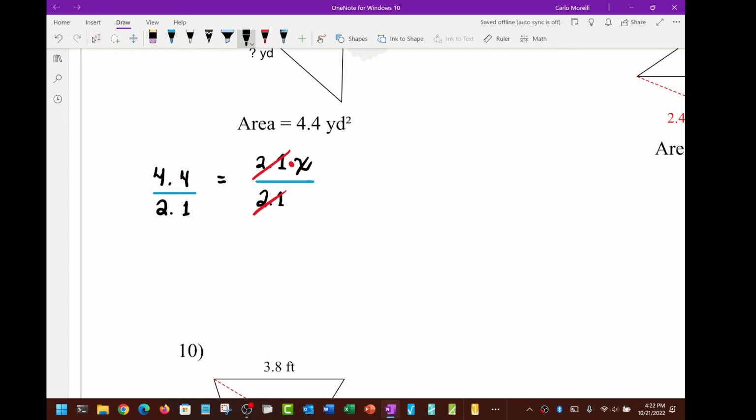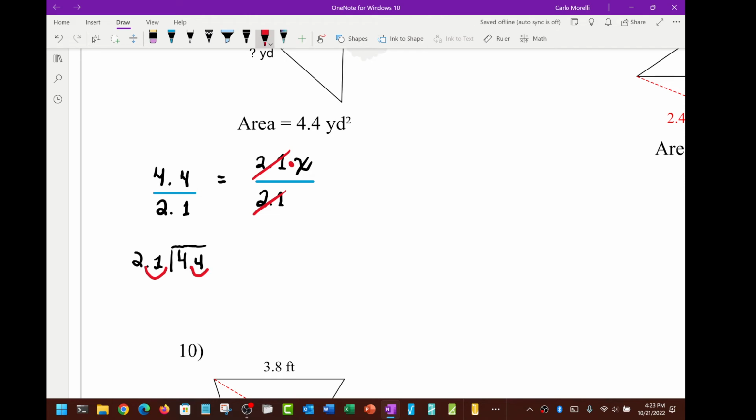Okay. And now we have this task here. I think it would be easy to do it the long division way. 4.4 divided by 2.1. Of course, we'd have to move the decimal and this decimal.